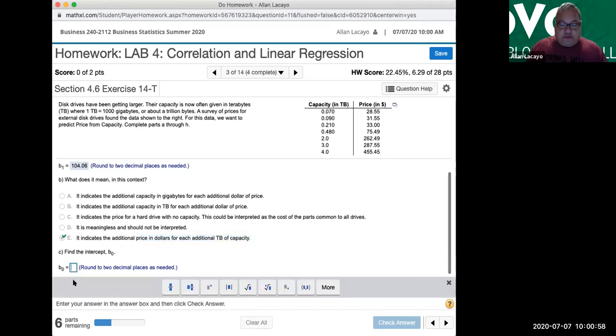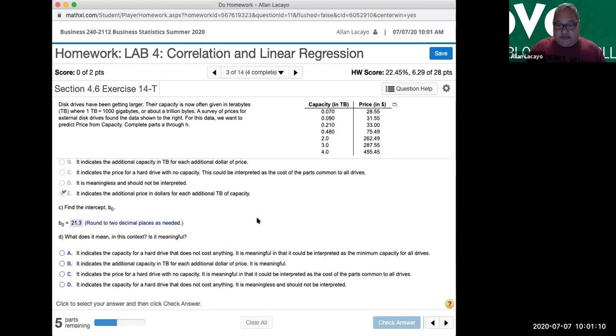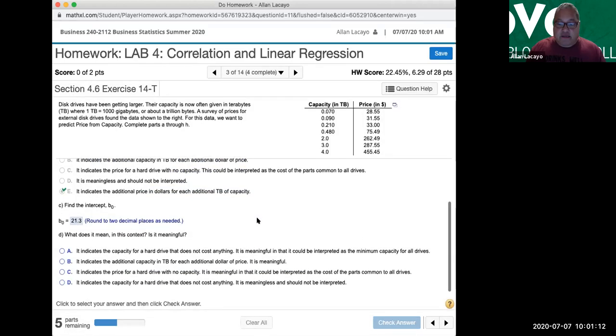Then it asks me for what the intercept is. So I do the same exact thing as I did for the slope, go locate it in the equation of the linear regression that predicts price from capacity. And that would be the price of components that are unrelated to the capacity of the hard drive. In other words, the price of a hard drive is a function of 2 things in this model.